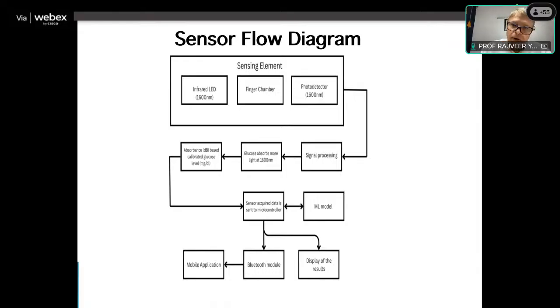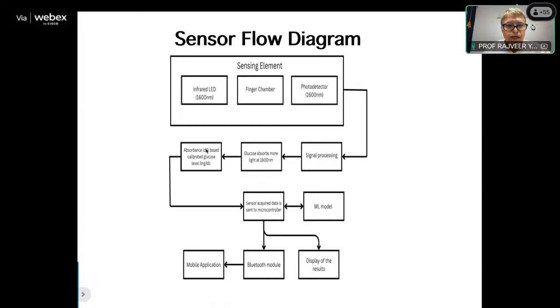The received signal is very less, so it will go to amplification, and then from the amplified signal, it will go to signal processing. The signal processing will tell us the absorbance, and the absorbance will get calibrated to the unit we want to display, either maybe mM or maybe mg/dL. So absorbance is being calibrated to mg/dL as shown in this particular block diagram.